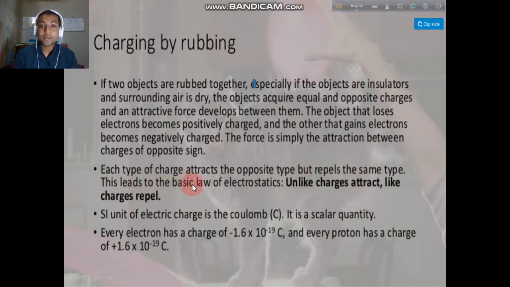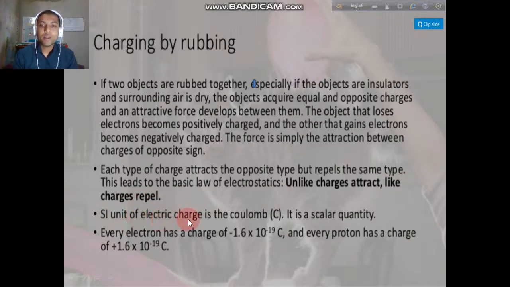This leads to the basic law of electrostatics, that is, unlike or dissimilar charges attract each other, and like or similar charges repel each other.